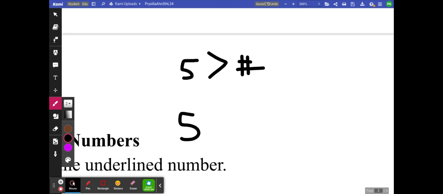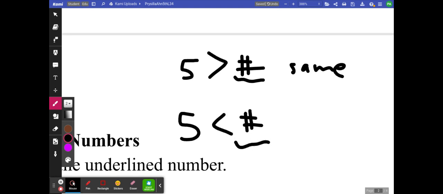If 5 is bigger than this number, then you just keep it the same. However, if the 5 is less than this number, so this number is bigger, you go 1 up. And it's including 5, so you can say equal or bigger.